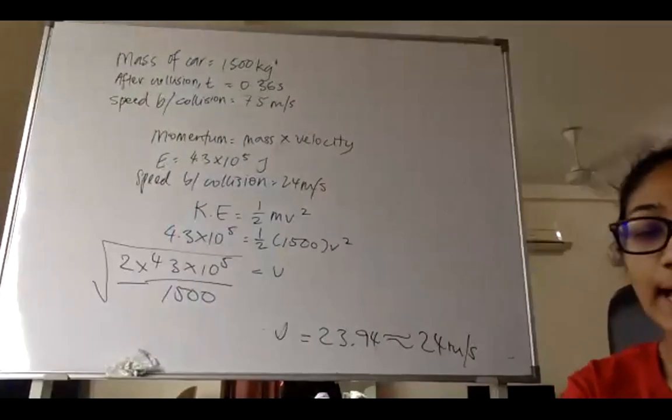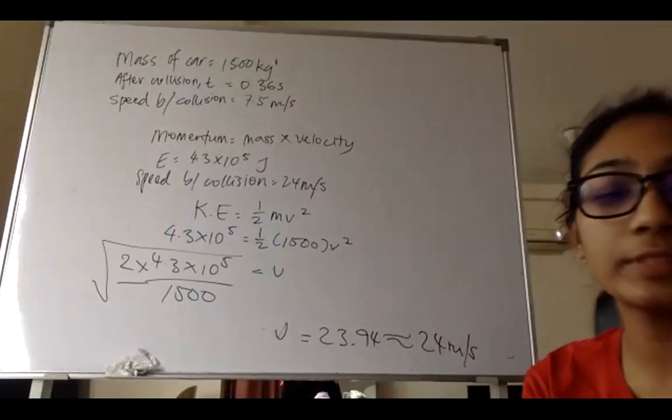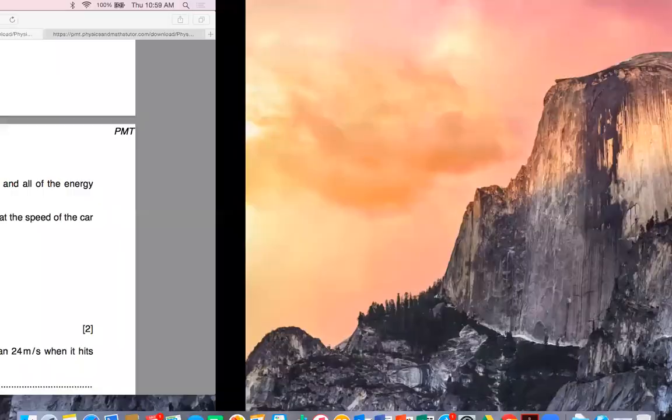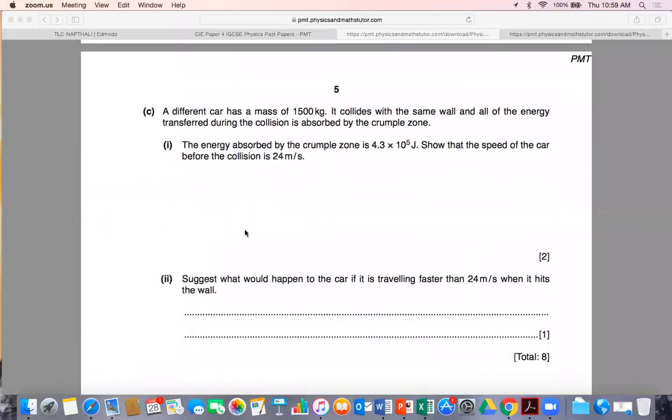Let's look at the last question of the day. Suggest what would happen to the car if it is traveling faster than 24.